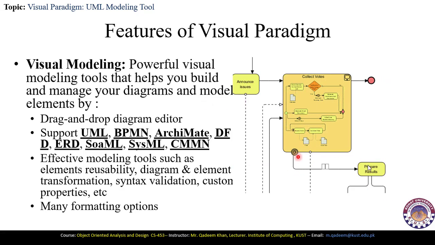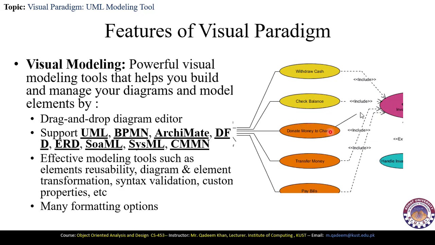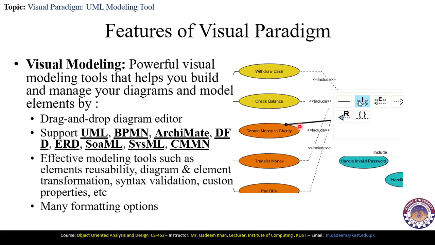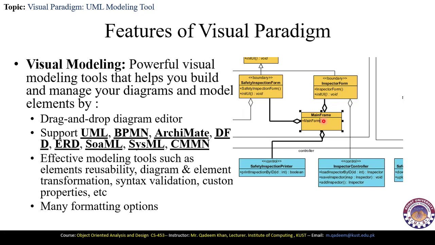Here you can see that different components can be quite easily linked with each other. For example, here you can see the user is linked with a new use case, and then you just right-click and type the functionality of this new use case, and you can also connect this use case with another use case using certain relations.